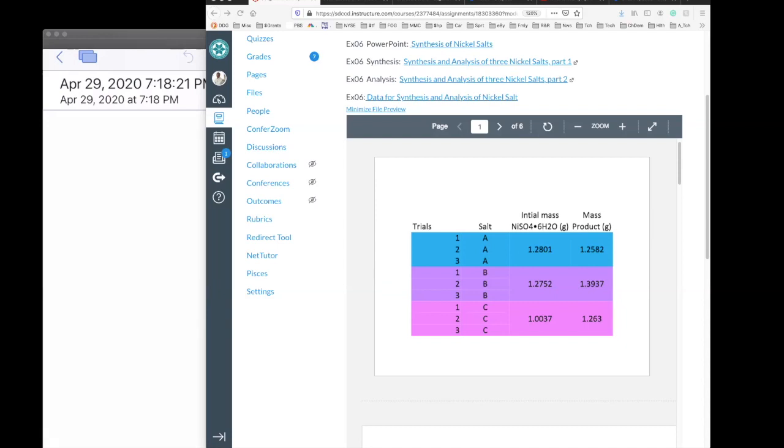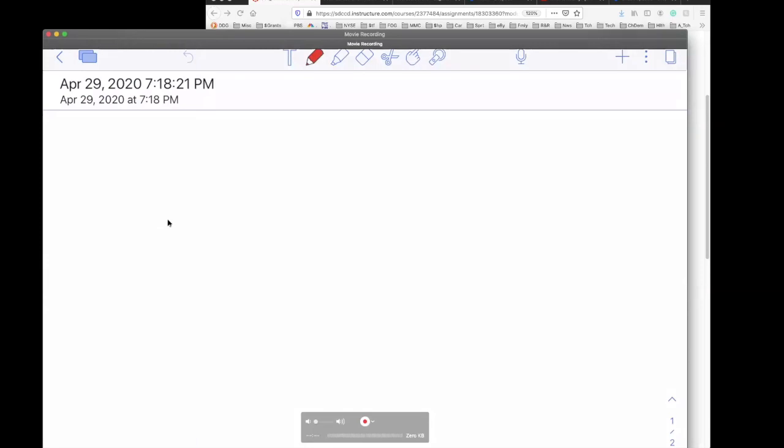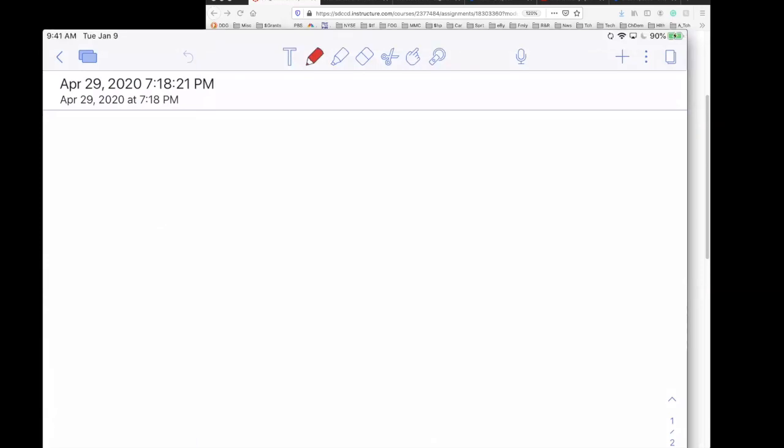So what you have here is the following. You have the starting material, and then you have the mass of the product. This is your synthesis. You're starting out with nickel hexaaqua, so there are 6 waters, and sulfate.